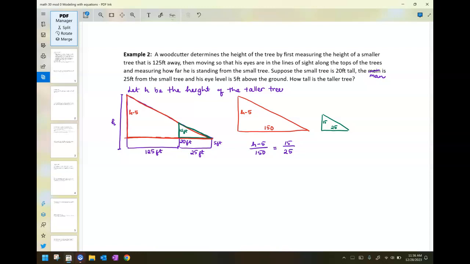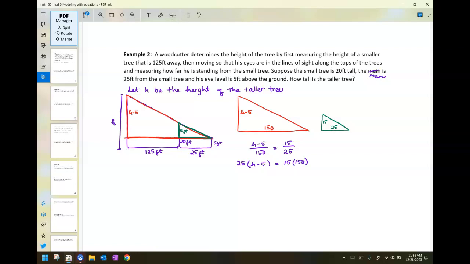I will multiply both sides by 25. So then H minus 5 times 25, and I multiply both sides by 150. 15 times 150.